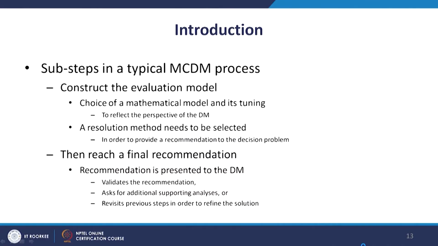Or the decision maker can ask for additional supporting analyses, because depending on their subjective judgment and their own perspective, they might require additional supporting information. That would be a different path, and we might end up repeating the whole process again, as we talked about previously.